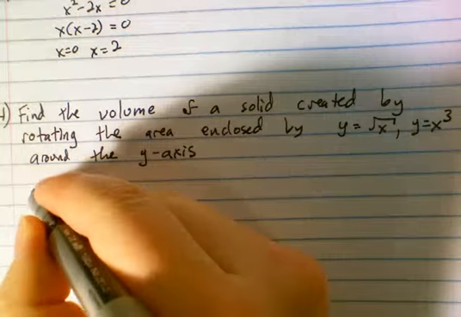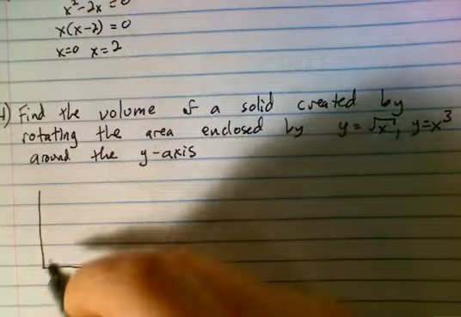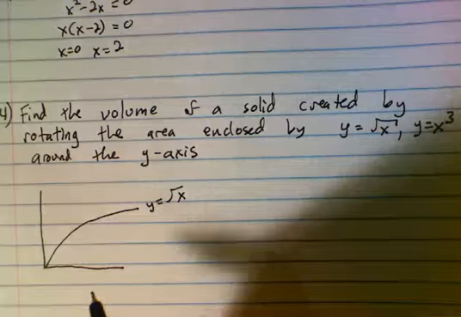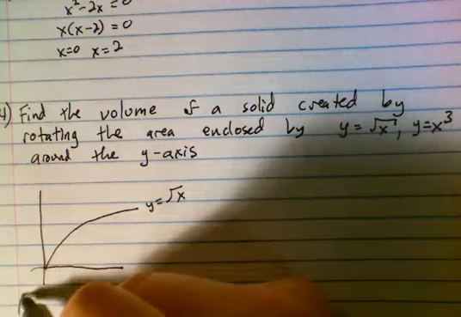Okay, square root of x only exists in the first quadrant, so we can limit ourselves to right over there. Y equals x cubed is sort of like this.